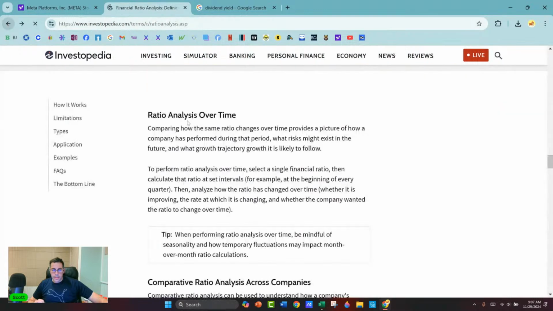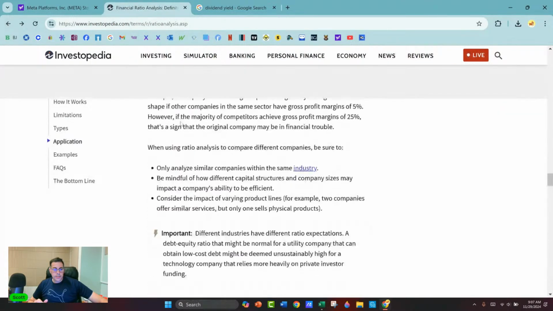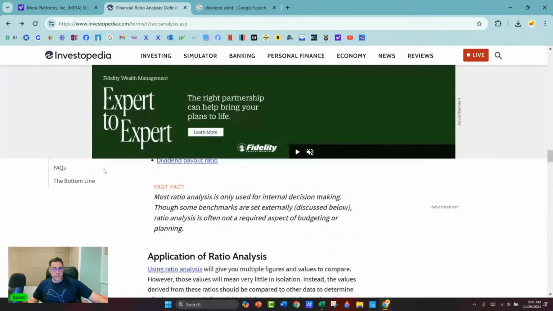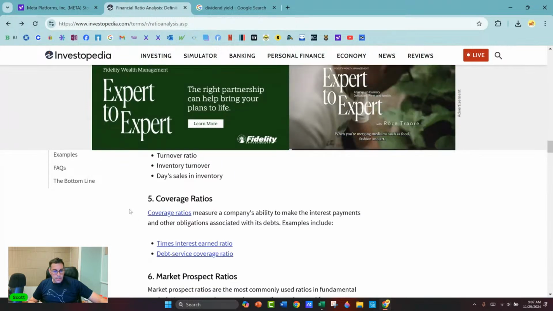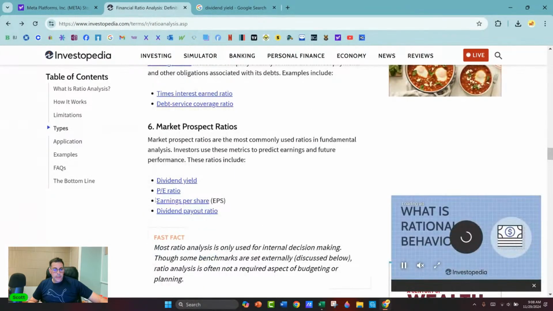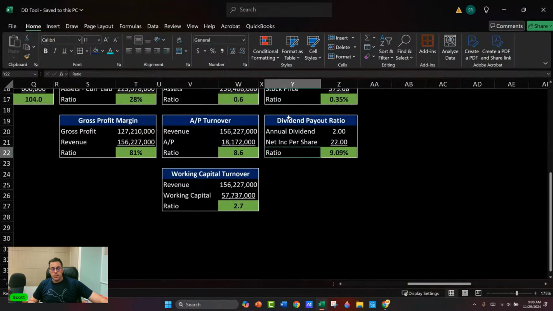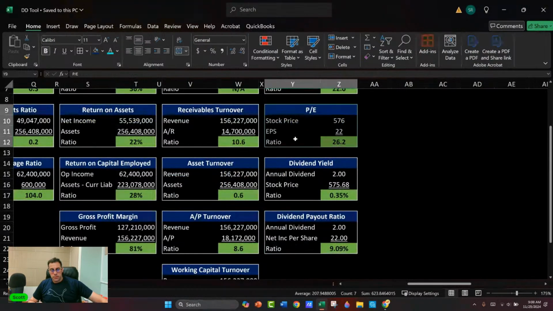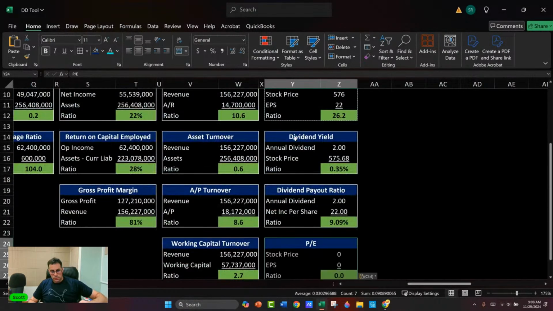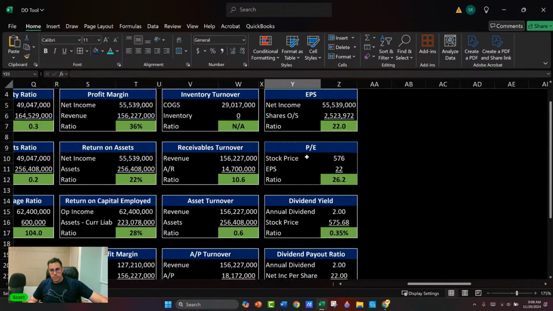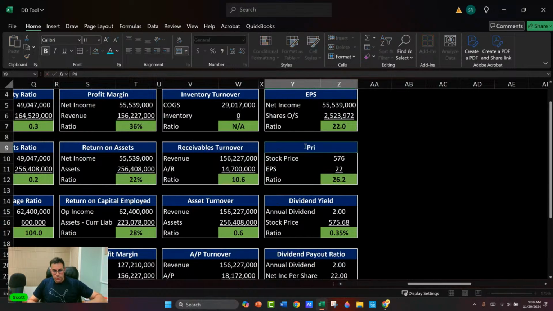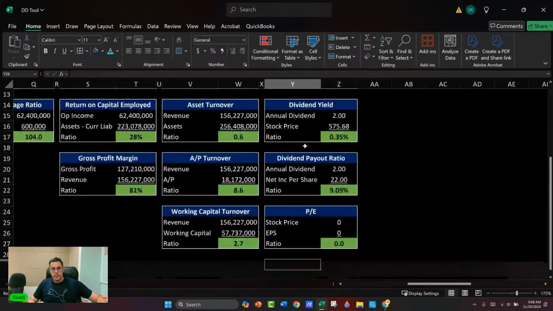Okay, what else did I miss? I mean, there's a million ratios. It never ends, but try to get the more popular ones. PE is good enough.